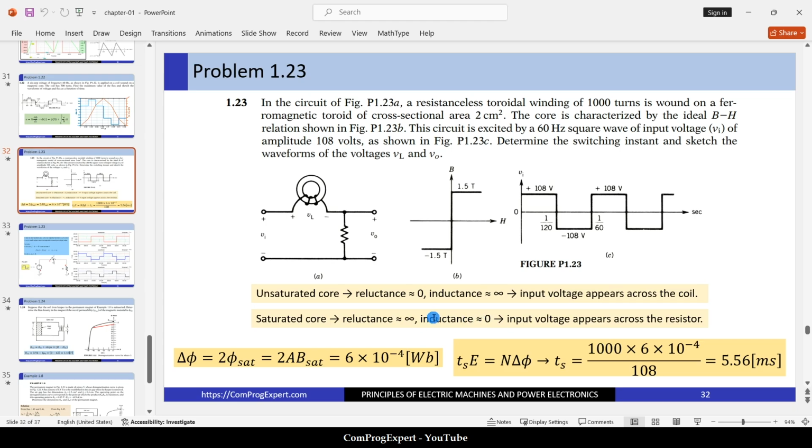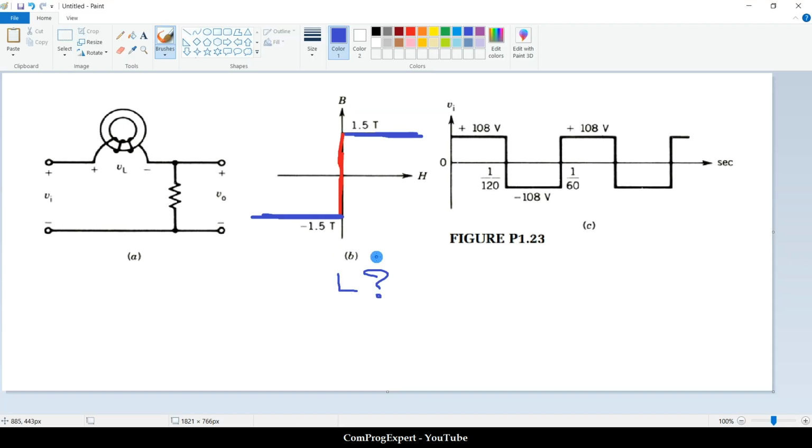And when the inductance is 0, the value of the voltage VL is 0 and the VO is equal to VI. And in this case, we have current for the load. But how can we calculate the waveforms and what is the switching instant?